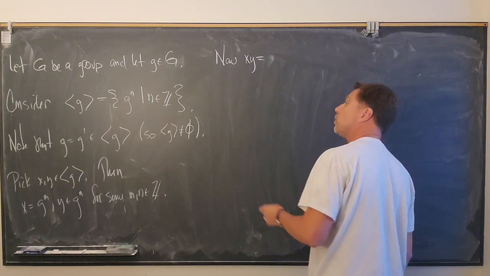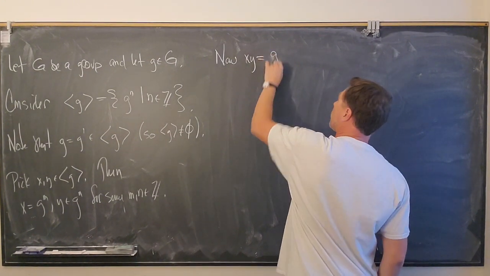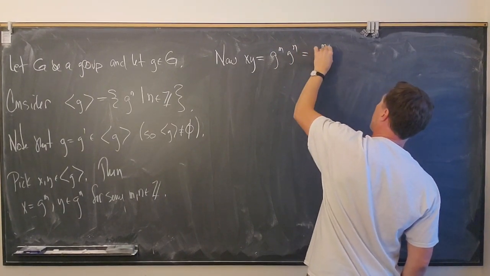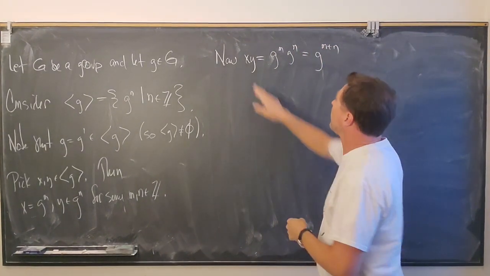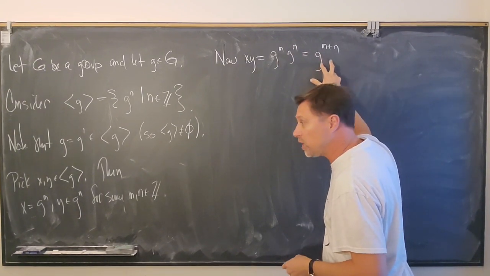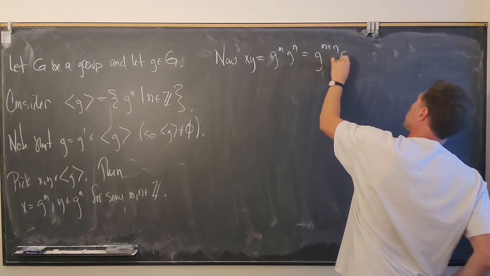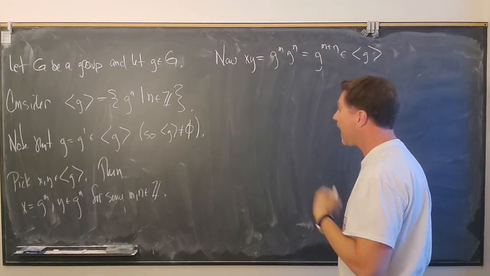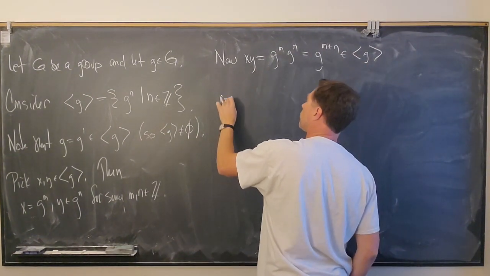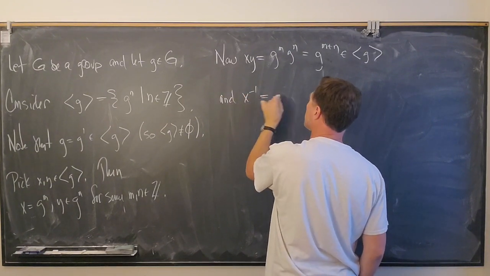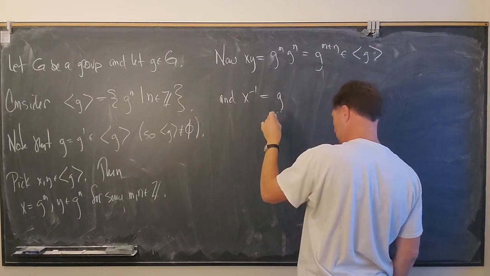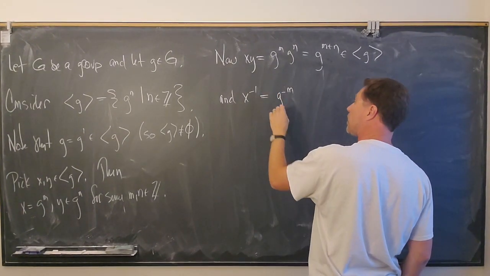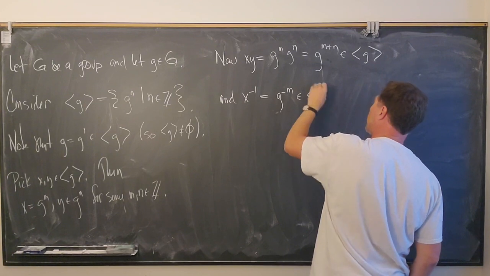So x times y, that's g to the m times g to the n, which is g to the m plus n, which means that x times y is a power of g, which means that it lives in angle bracket g. And x inverse, that's equal to g raised to the minus m. That's another power of g, which means it lives in angle bracket g also.